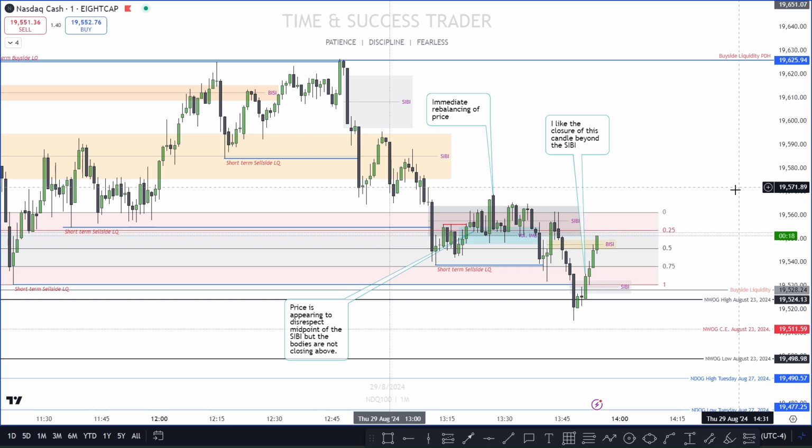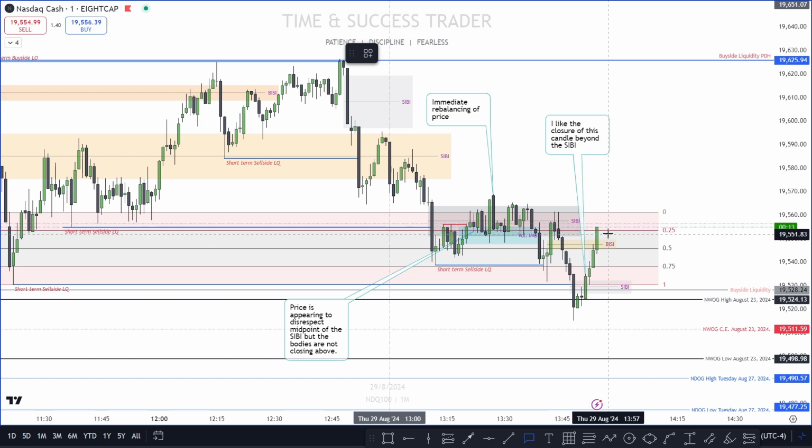Okay, we disrespected that. I loved how we disrespected this area. Now we need a candle closure. It took us 1, 2, 3, 4 candles.